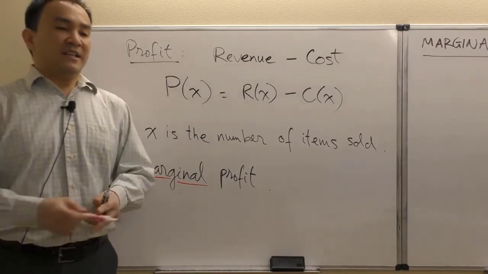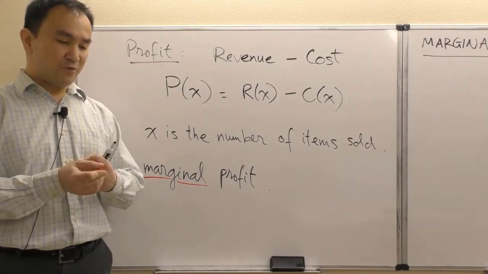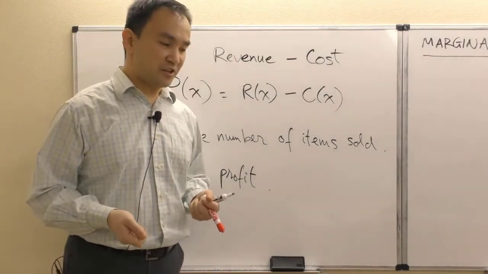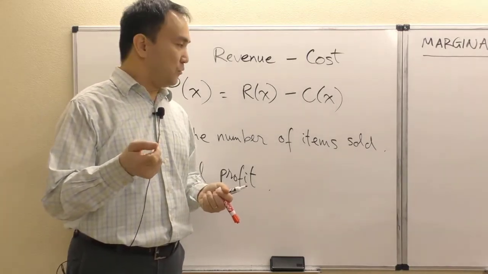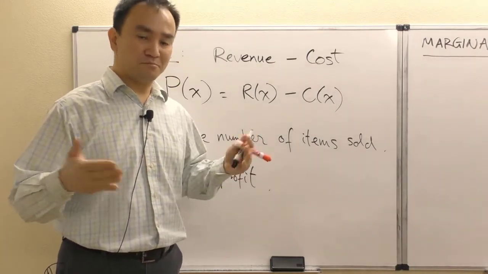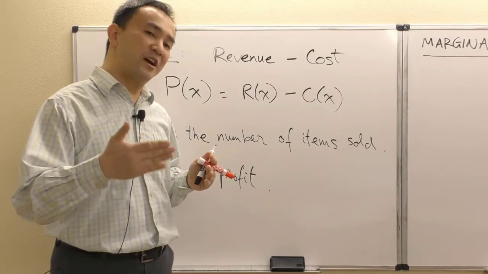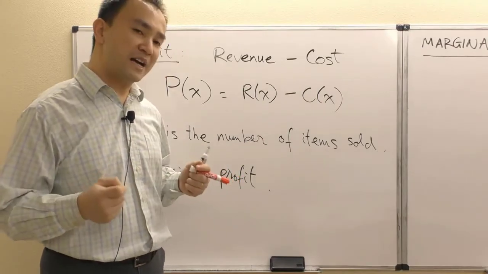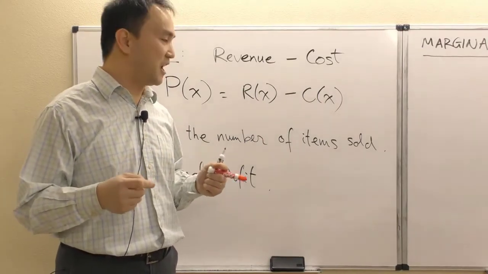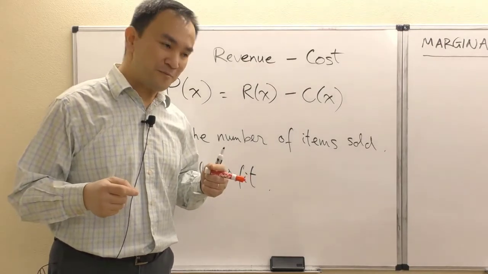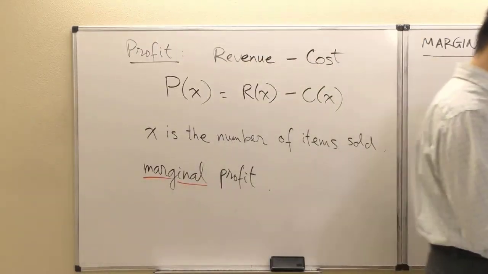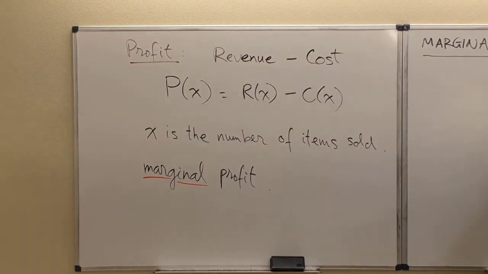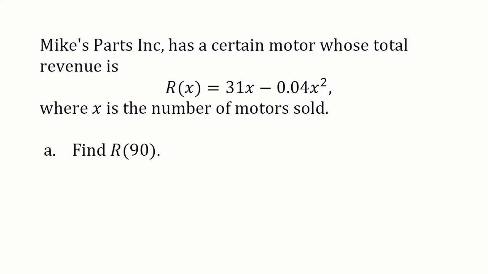Okay, and so now I will bring up an example in this video lecture. Maybe it's just me, but I am going to bring up in our first example a problem that shows how to find marginal revenue. So let's now look at a problem I have on the board right here, on the computer screen.